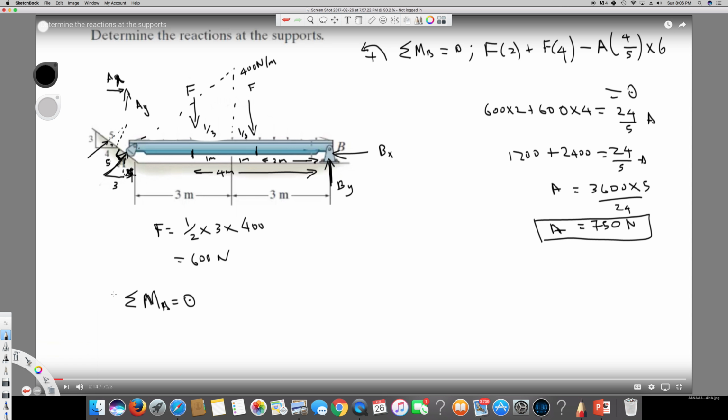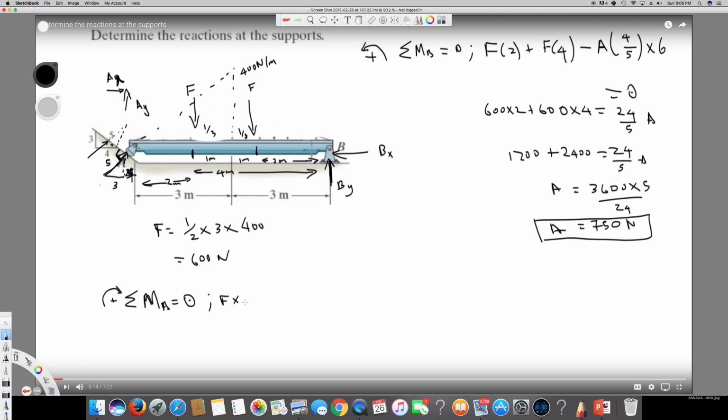Let's take now the clockwise positive. If I take the clockwise positive, it's going to be the same thing, but on the opposite side. So from here, the distance of F is 2 meter. So we can say F times 2 meter, and from this side it's clockwise because this is pushing this object down.